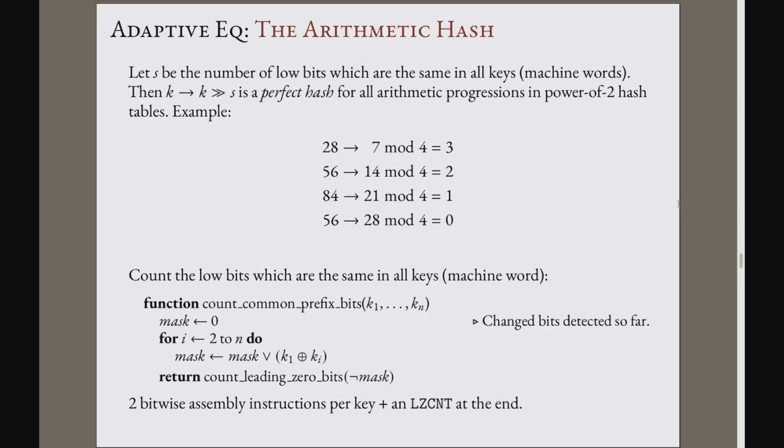So can we do this cheaply? I thought it would be easy, and I had multiple versions of this. What I ended up doing is extremely simple. Just do 2 CPU instructions per key, 1 inclusive OR and 1 exclusive OR, followed by a single assembly instruction to count the number of zero bits in the mask that was computed.